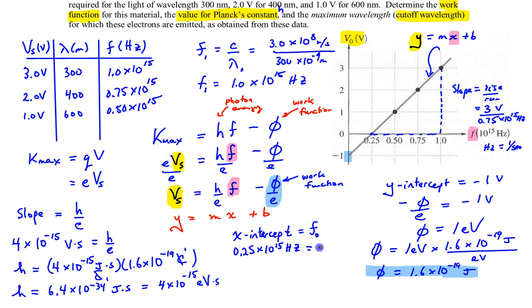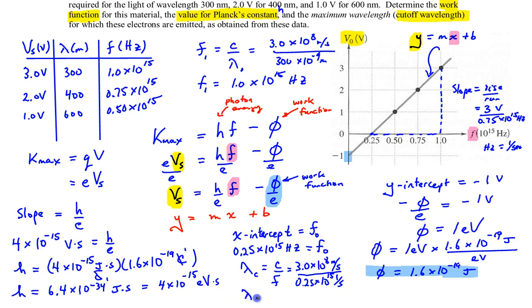Now, we could find our cutoff wavelength, lambda c for cutoff, and remember that v equals f lambda. So it would be equal to the speed of light divided by the frequency. So that's 3 times 10 to the power of 8 meters per second divided by this x-intercept frequency of 0.25 times 10 to the power of 15 hertz, which is 1 over seconds.